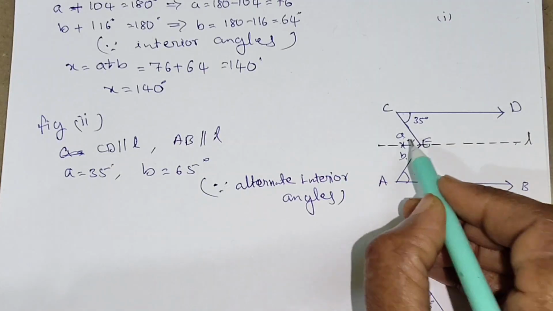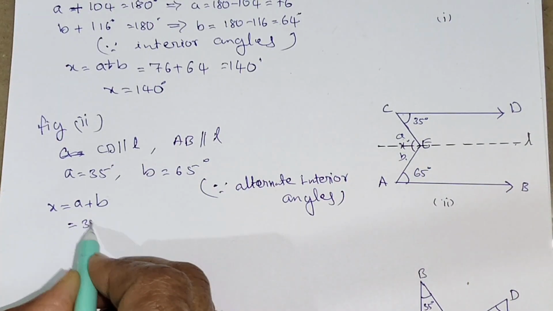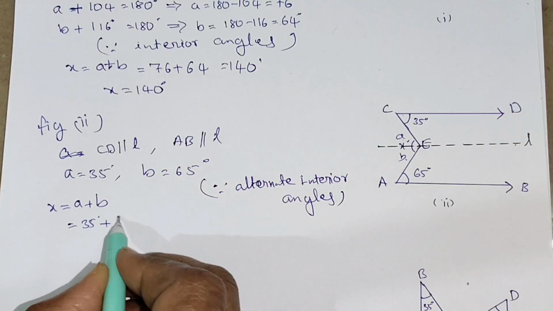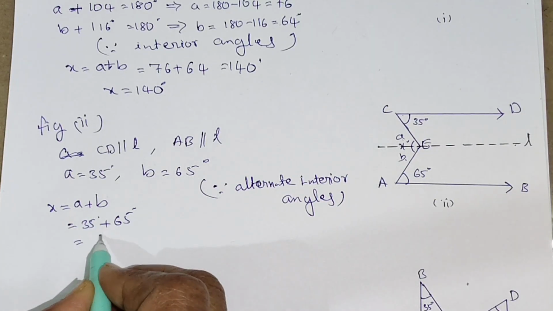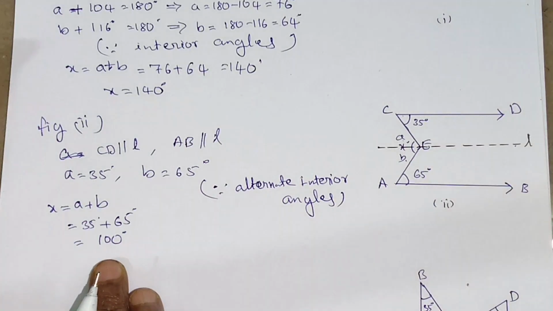So x equal to A plus B, which means 35 degrees plus 65 degrees. So the total is 100 degrees. The second diagram x value is 100 degrees.